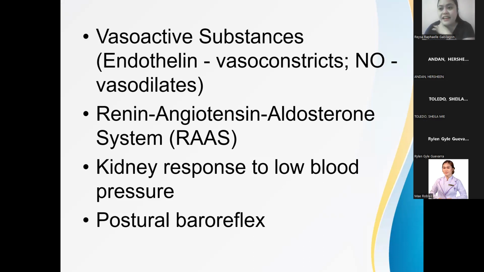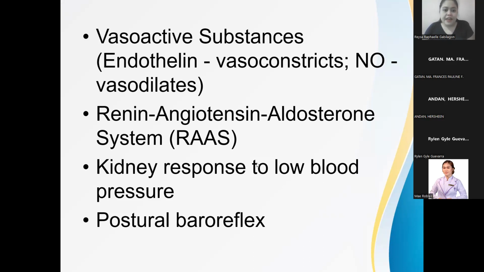Sa ending sa pangalan nila, kung ACE inhibitors end with pril, how about the ARBs? Sartan. Sartan, very good. So we have the losartan, telmisartan, olmesartan, and the likes. Okay? They operate in the same system with the ACE inhibitors.